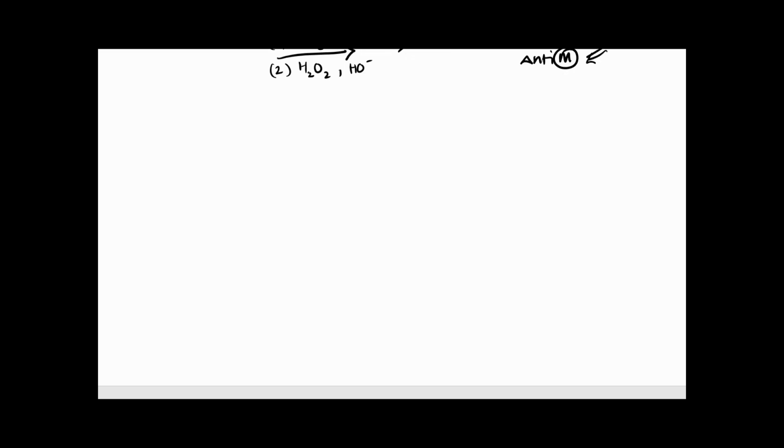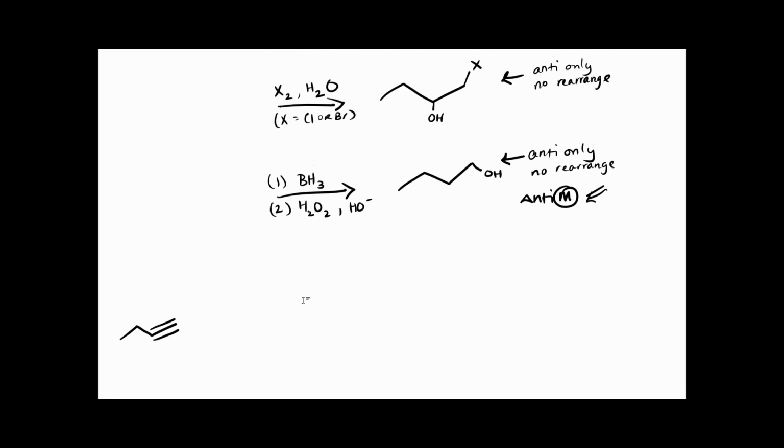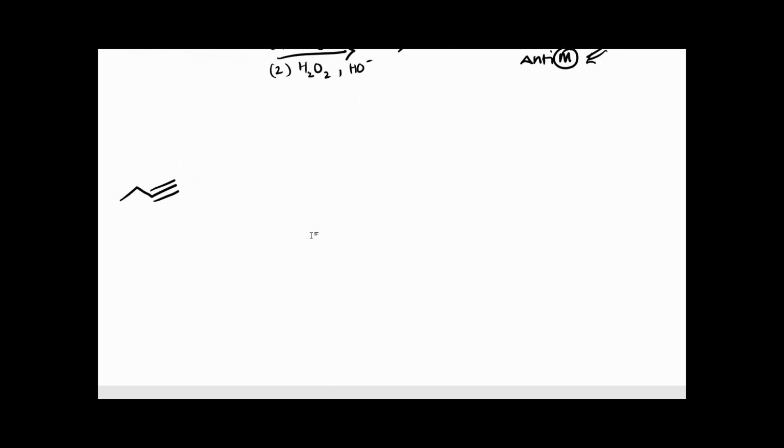Well, what about our triple bond? Well, if we take, and I understand that the geometry here is incorrect, but we're going to take 1-butyne, and I'm going to start, let's see, I started with hydrohalogenation above. So I'll start with hydrohalogenation here. So with hydrohalogenation of an alkyne, you need 2 equivalents of HX. And that X is either going to be chlorine, bromine, or iodine.